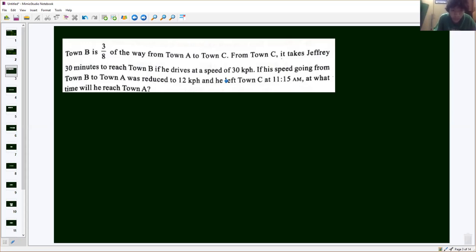Go, guys. This is a word problem, a distance problem.